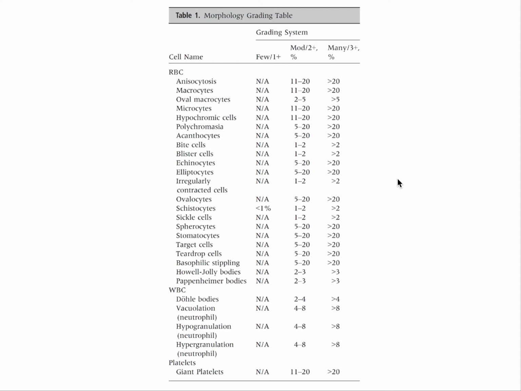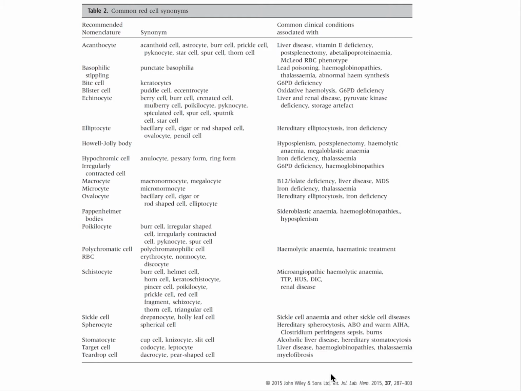And scoring is recommended by the International Council for Standardization in Haematology. They came out with a consensus paper, and the recommended nomenclature in contrast to the various other names used.